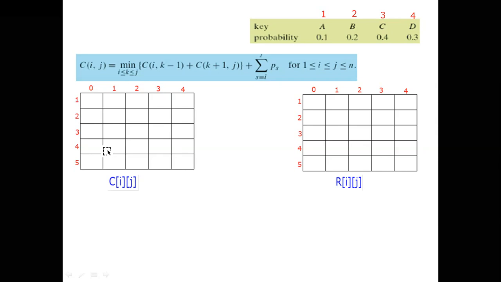The next thing is we do not want to fill the whole table. We only want to fill the uppermost diagonal values. I will show you. First I will select the middle diagonal.